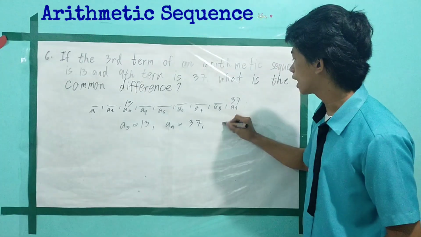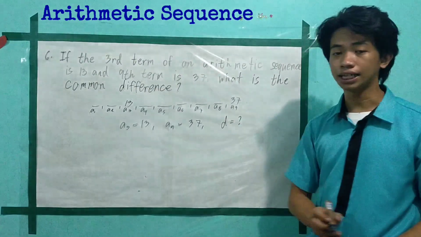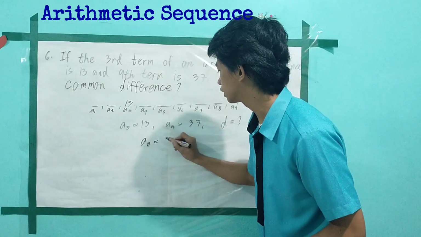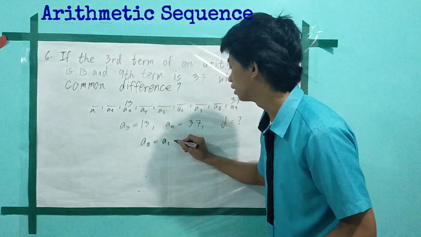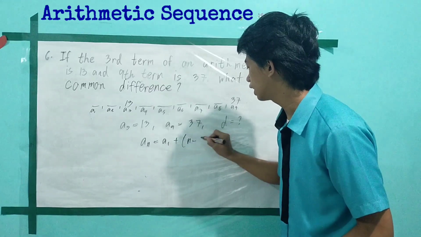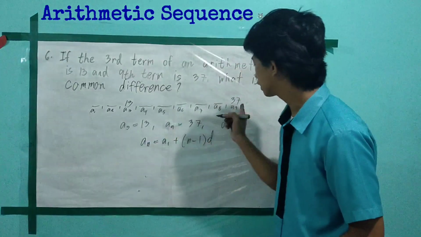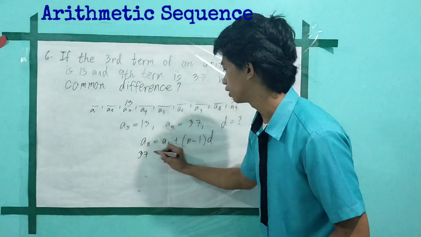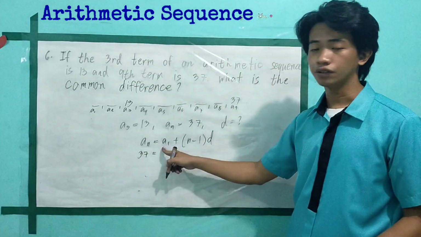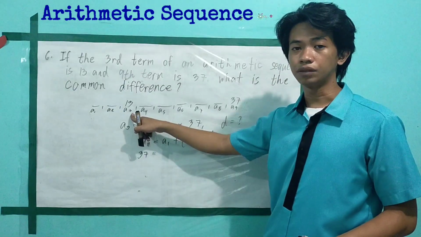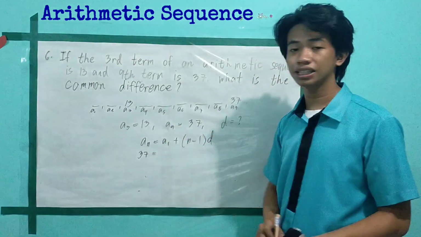Ang hinahanap natin ay yung common difference. So, gamitin natin yung formula ng ating arithmetic sequence. A sub n is equal to a sub 1 plus n less 1 multiplied to the common difference. Okay, so ang a sub n natin is 37, is equal to, gawin natin muna yung a sub 3 na a sub 1.